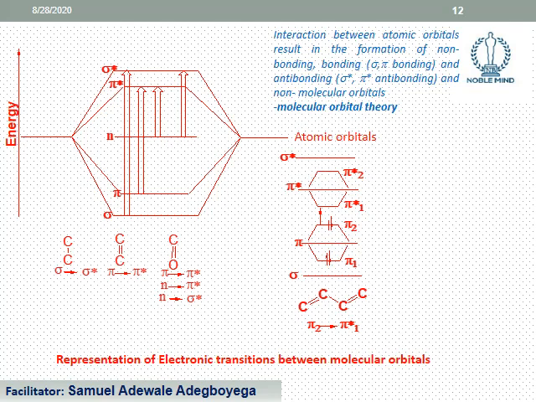The aldehyde functional group has pi to pi star transition, non-bonding to pi star transition, and non-bonding to sigma star transition. So if you look at that very well, you discover that the energy difference is reducing.